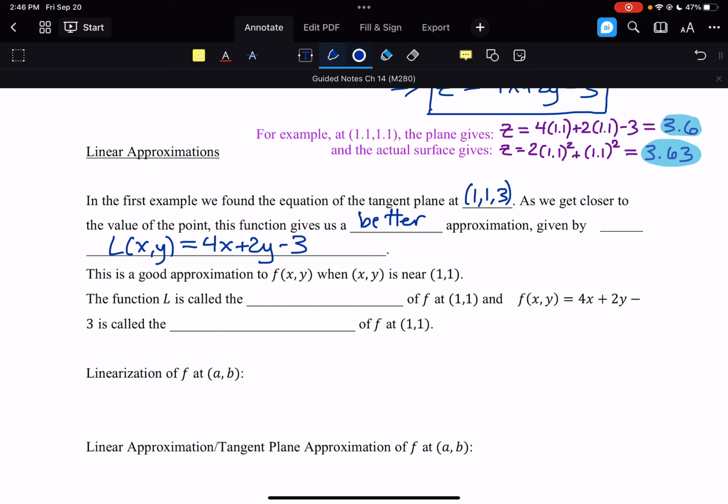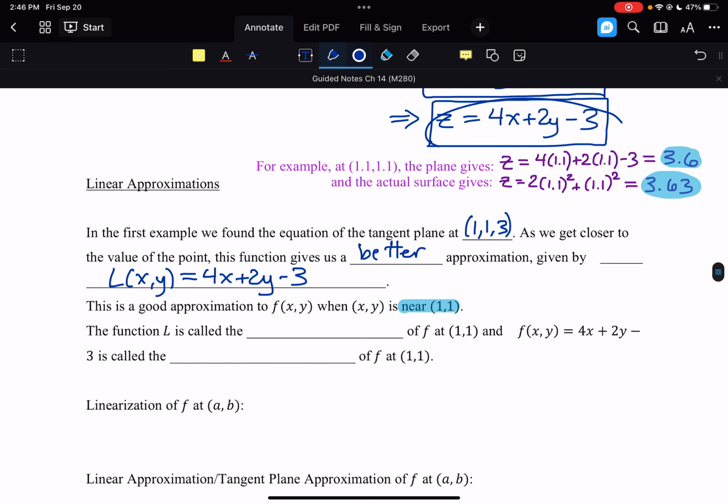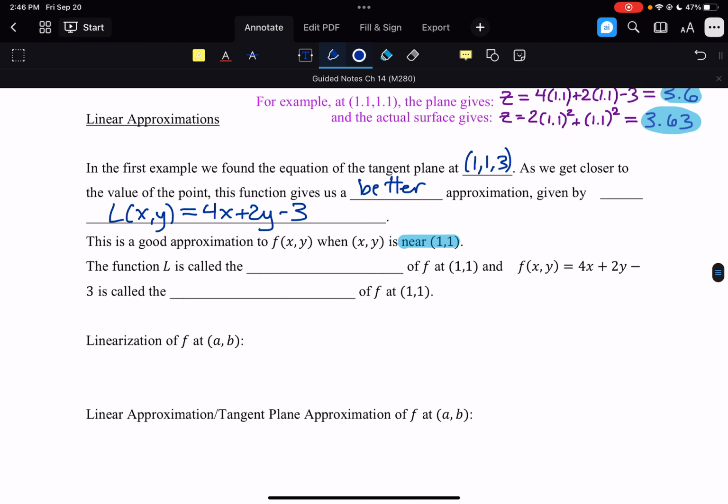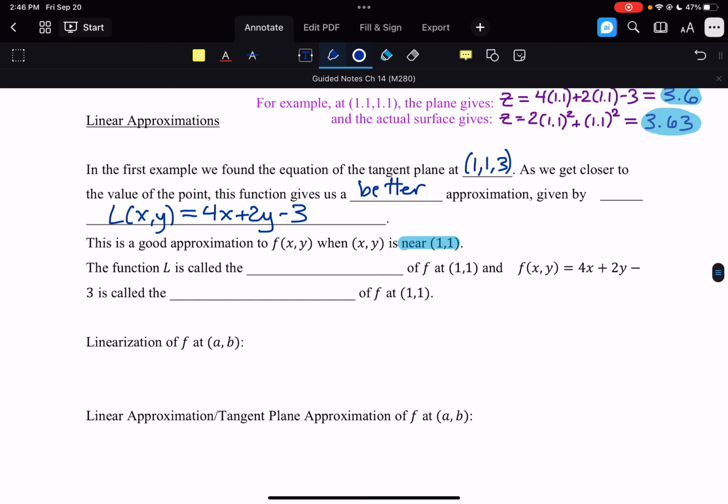We'll talk about what the L is about in just a second. But this is a good approximation to f of x y when x y is near the point 1, 1. So as long as we are near 1, 1, then this formula that we found for the tangent plane, the same one that was up here, is a good approximation of the actual surface.